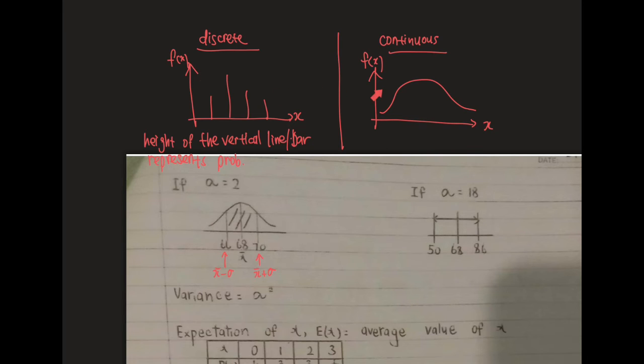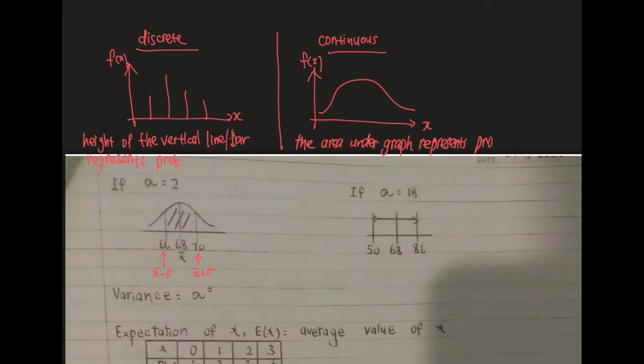For continuous, where can we see the probability? So the area under the graph represents probability. The area under the graph represents probability.